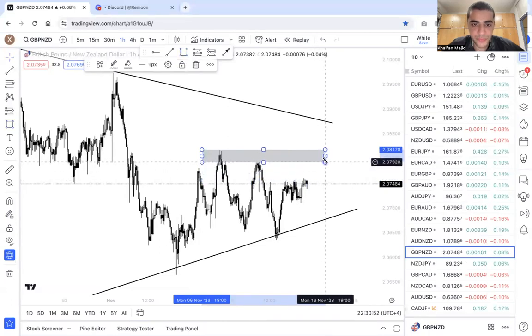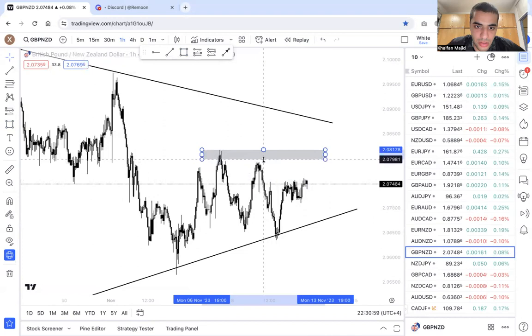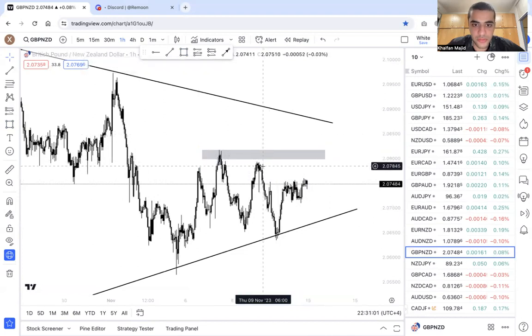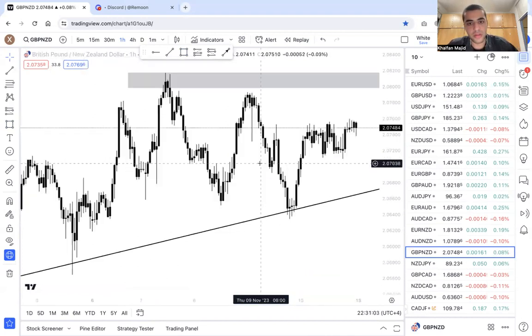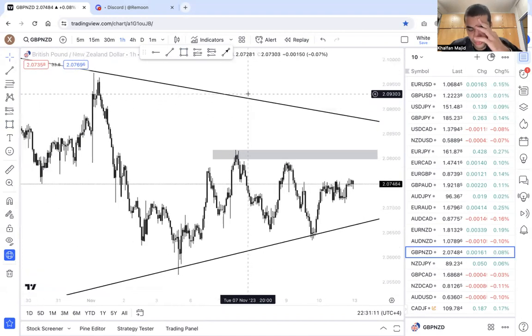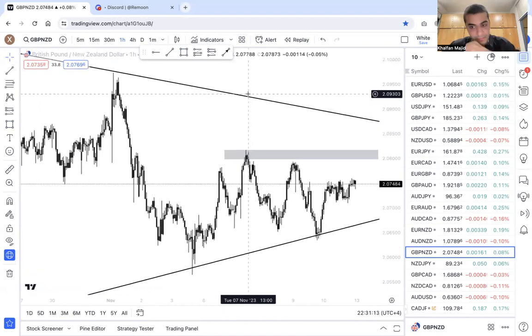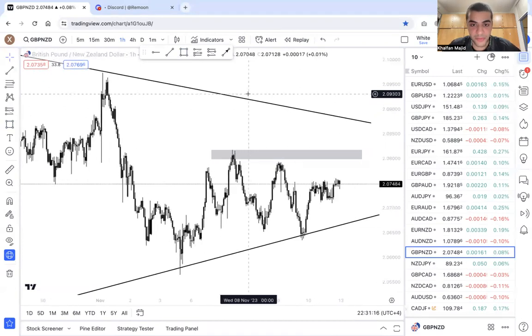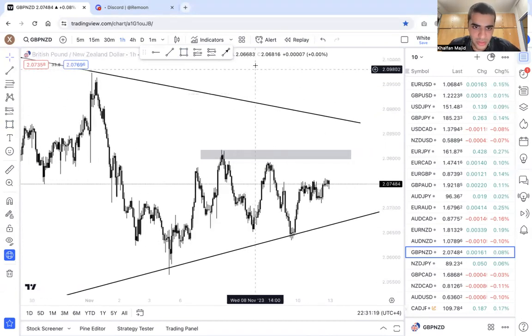You see, and like this zone could also work. This zone could also work. But you see, like the double zone stuff, it's so stressful, and there's so many maybes in these double zones, and it could work.